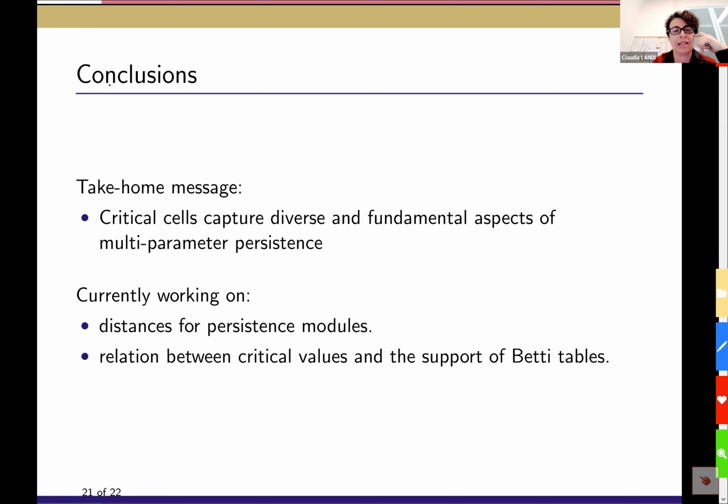So I believe that they could coincide, at least when we take their closure with respect to the least upper bound, but I have not managed to prove that. I have managed to prove only one inclusion, not the other one. And so I don't know what the truth is about that.